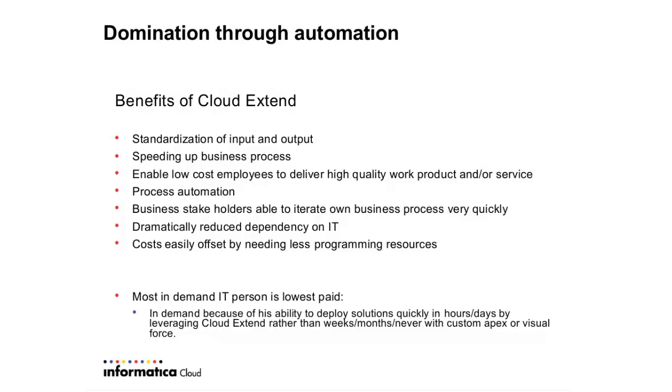We take it a step further. We want to see what is the output they're able to do in that average handle time. So we use a lot of automation to enable them to do a lot more than they might be able to do otherwise. So we joke around and we say one of our biggest strengths is domination through automation. CloudExtend is the tool that we use for that.